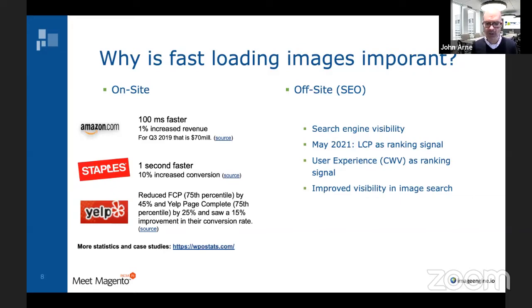Searching for products, people tend to not only use the Google index, the regular web search, but increasingly also the image search to search for products.